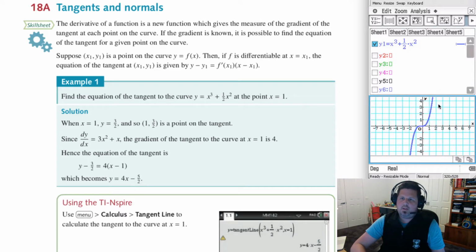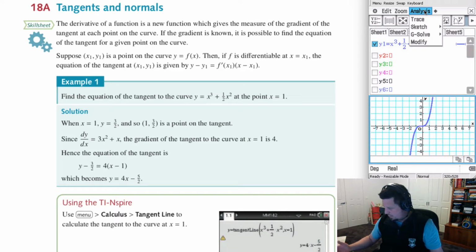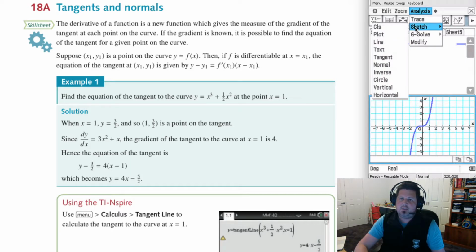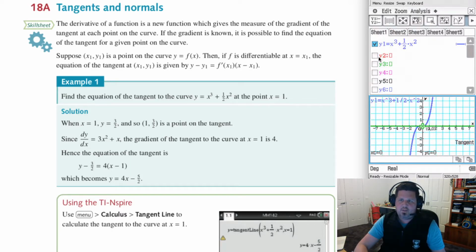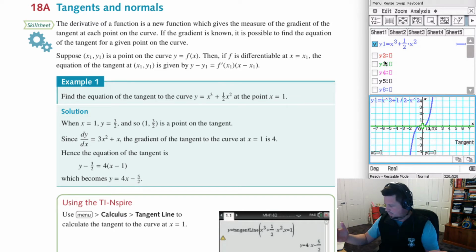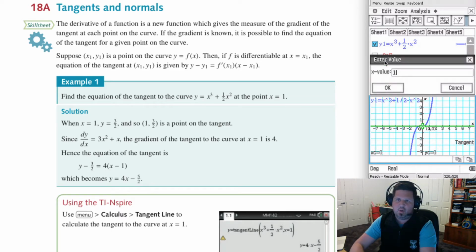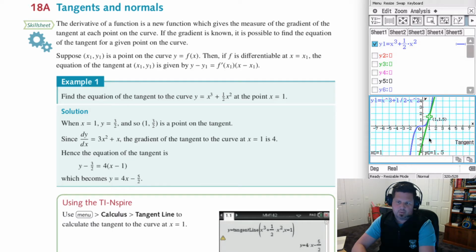Once you have it sketched, you can use the analysis feature to get it to sketch the tangent. So you go analysis, you go to sketch. We want the tangent, so you go tangent. When it's graphed, you have to say where you want it to sketch. You want it to sketch at 1. So if you type in 1, it'll do the tangent at that particular point.